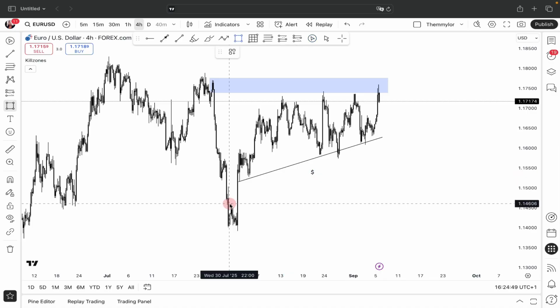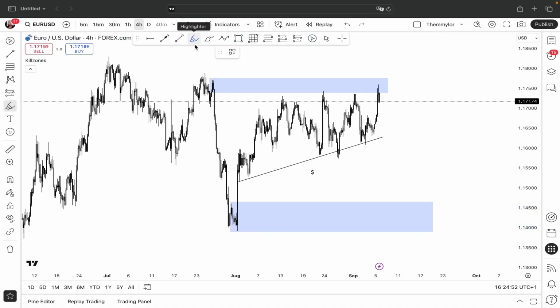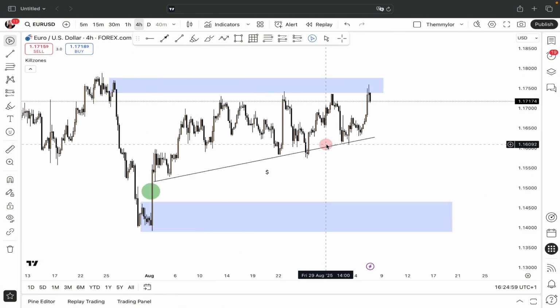We also have this level of demand, and not just that, we have this massive imbalance at that particular point right there. So I just have all this confluence for sales. That's why for the past 1 week I've been looking for sell entry opportunities on both GU and EU.